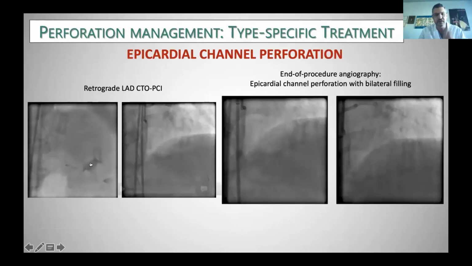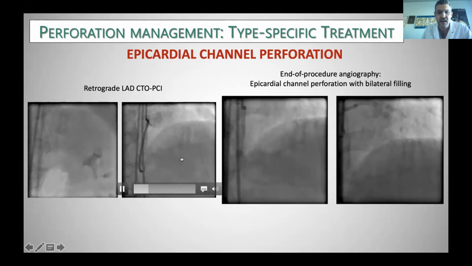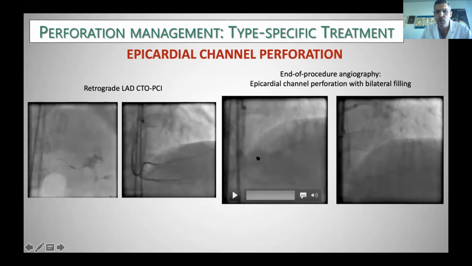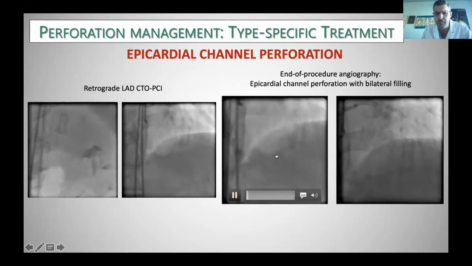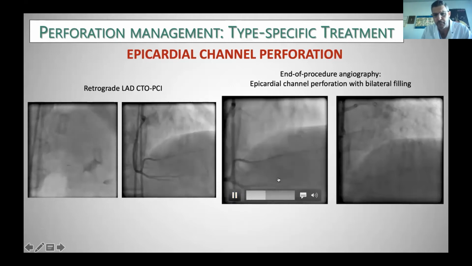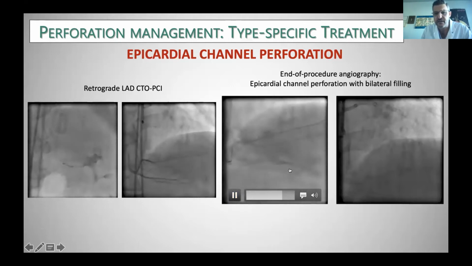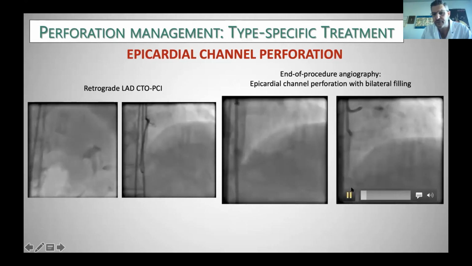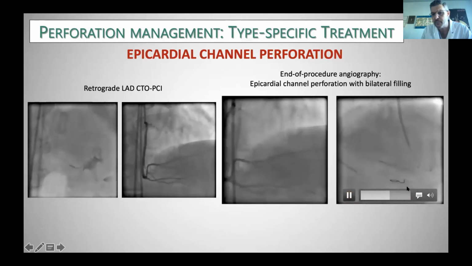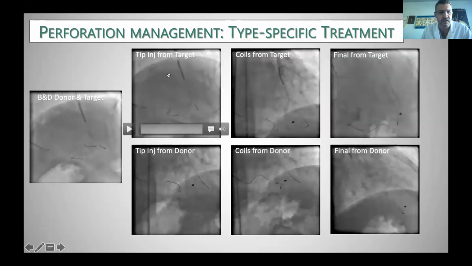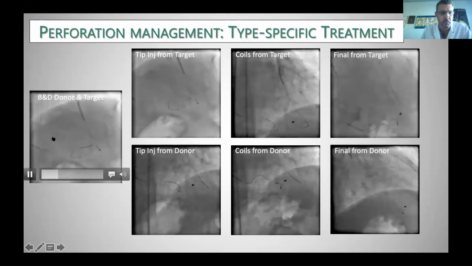Differently, if you have an epicardial collateral perforation, when you reopen the vessel, as I said, you should go on with embolization from both sides. So in this case, there is a filling from the right and also a filling from the left system. And we inflate a balloon for occlusion in both vessels.